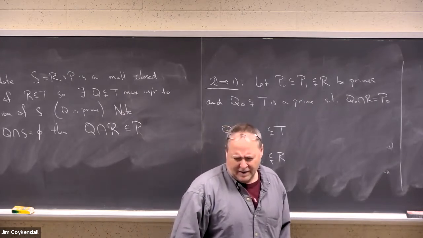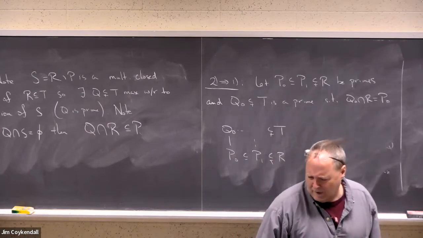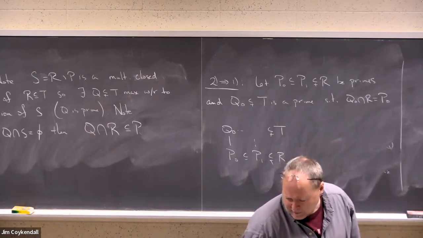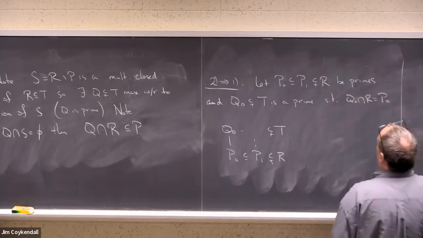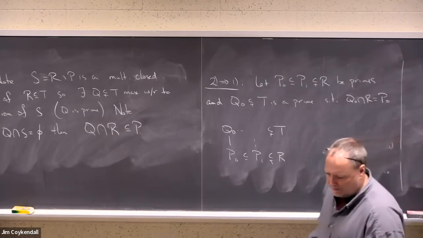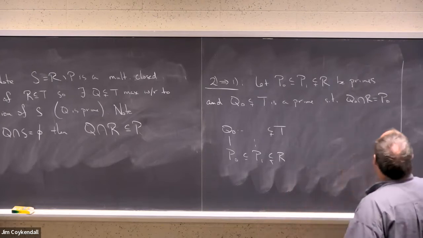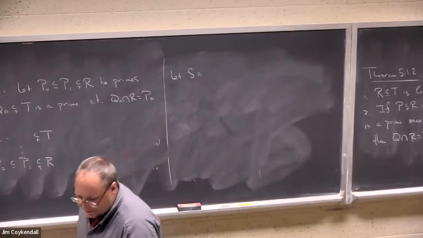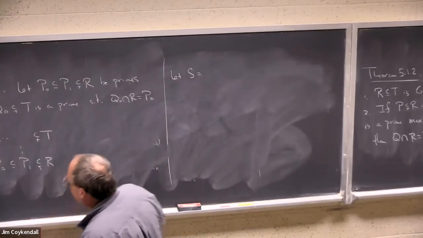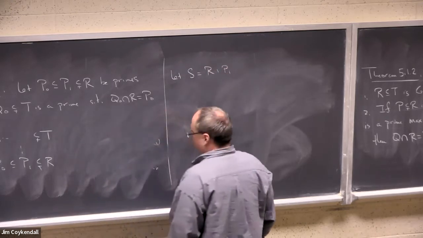So notice that Q0 intersect S is empty, where S is the complement of P1 in R. Let's let S be R minus the bigger prime.